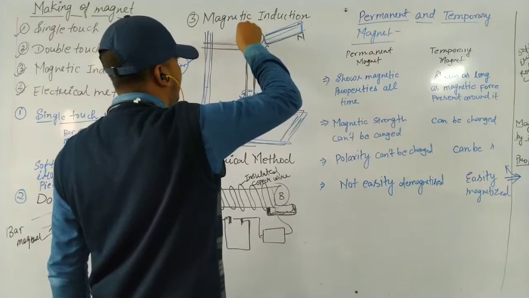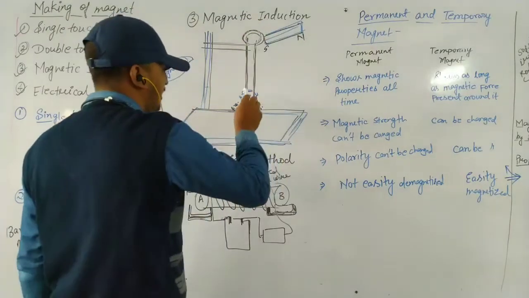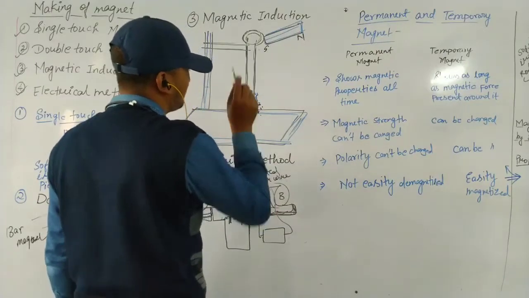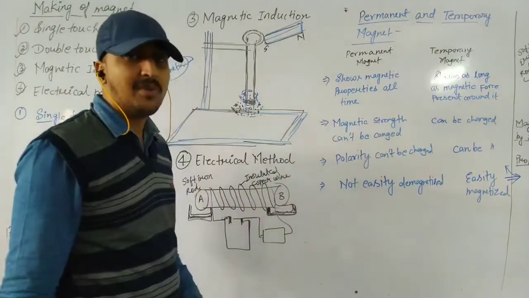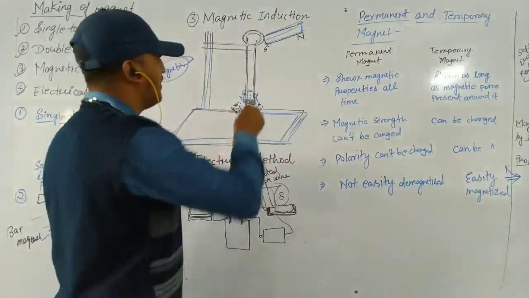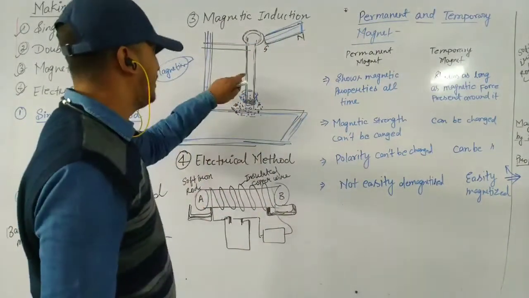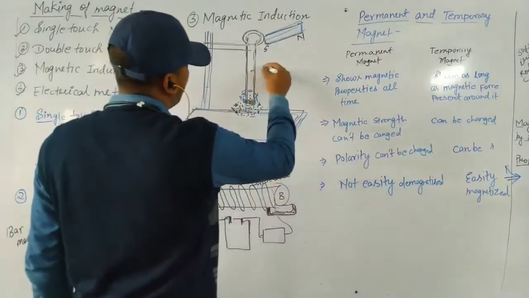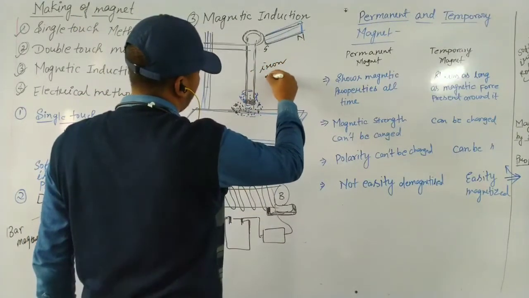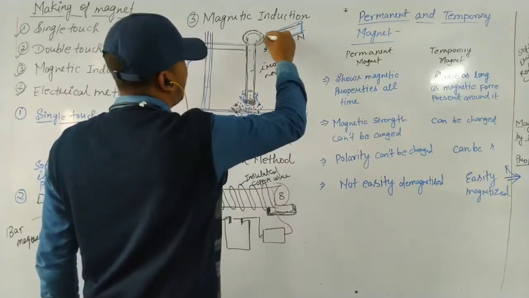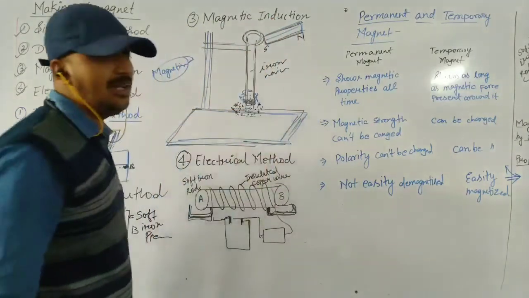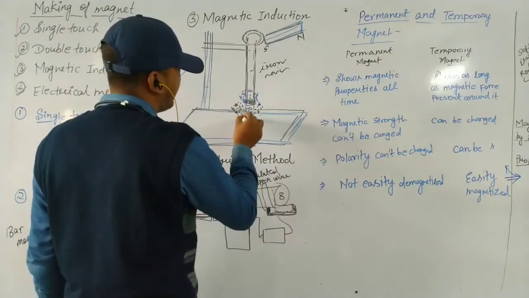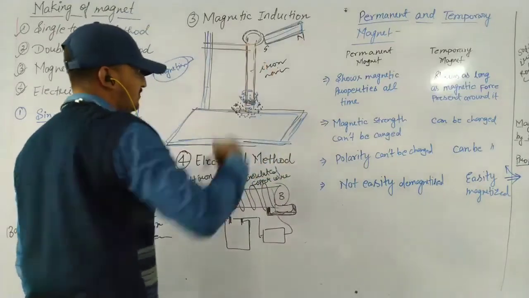When this iron nail magnetizes, these iron chips will be attracted, because now this iron nail is behaving like a magnet. Earlier it was an iron nail, but when we keep a bar magnet near it, it is magnetized, and due to this magnetization, these iron chips will stick to this iron nail.